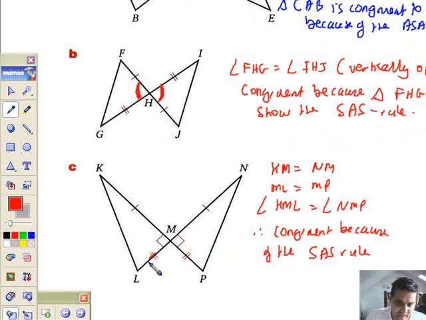Side angle side, and they correspond and they match perfectly. So I'm going to stop there. That's quite tricky, and there's two more questions before we do the assess, and then it's end of topic.